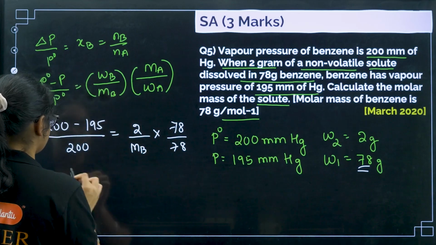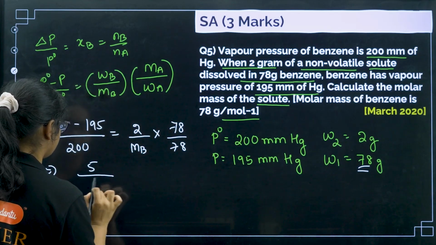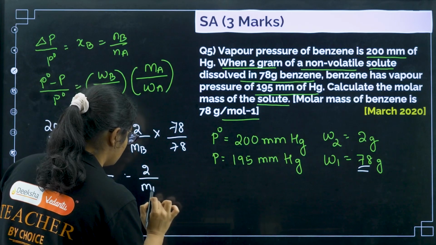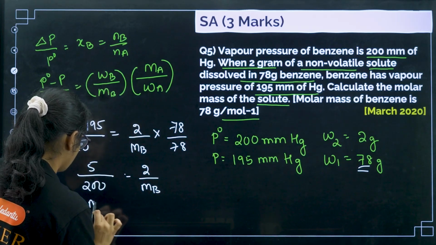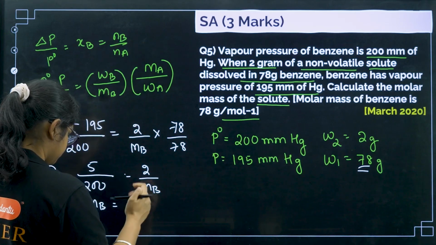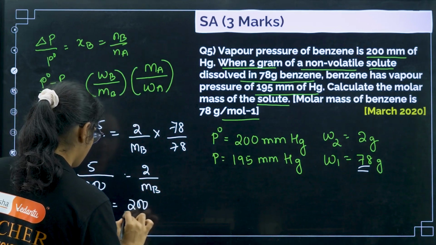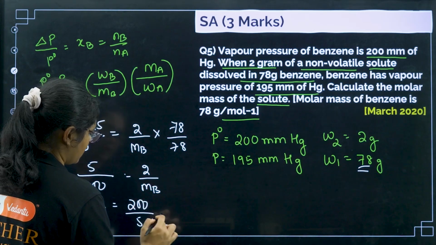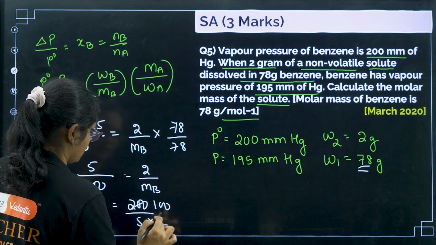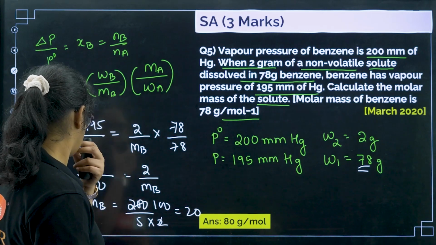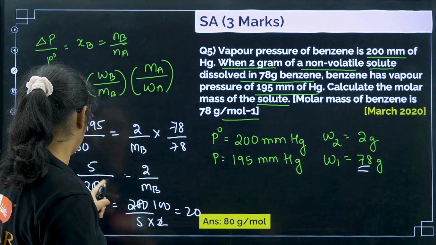So now I have to solve this. I think this is very easy. I'll get 5 by 200 is equal to 2 by MB, or I can write MB is equal to 200 by 5 by 2, right. So you will get around 100, okay, so 20. Did I do any calculation error?